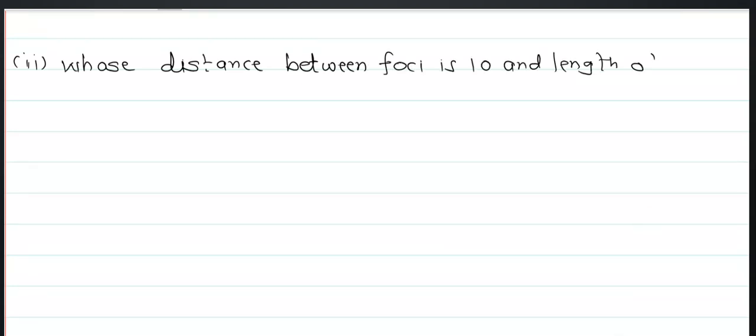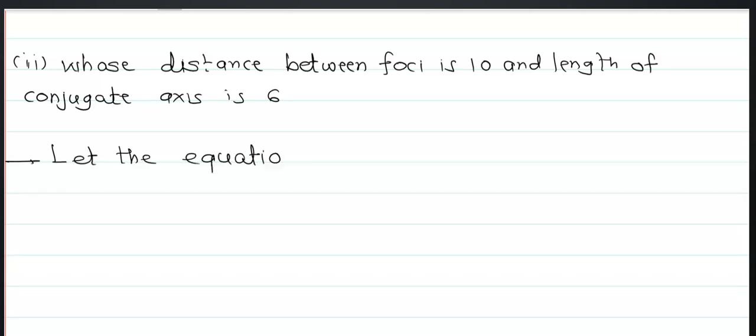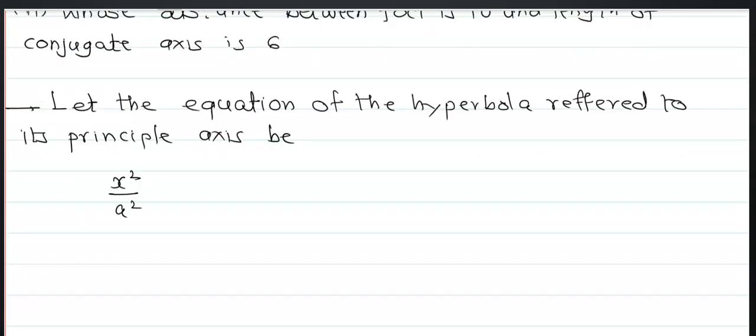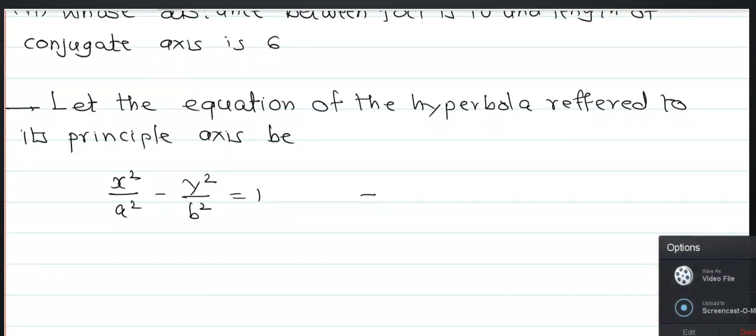Second, find the equation of the hyperbola whose distance between the foci is 10 and the length of the conjugate axis is 6. Let the equation of the hyperbola referred to its principal axis be x square upon a square minus y square upon b square, that is equal to 1.